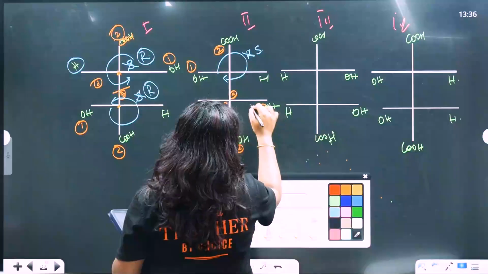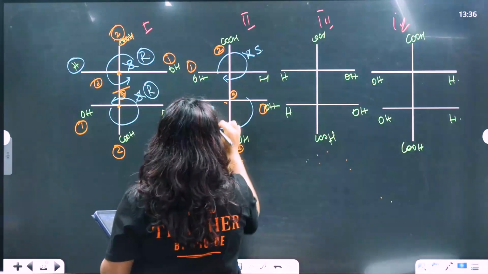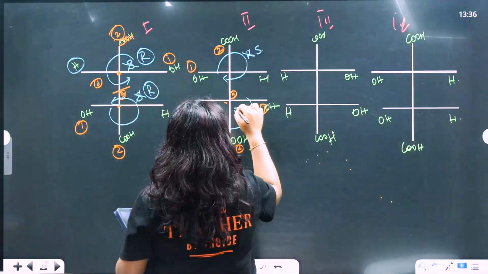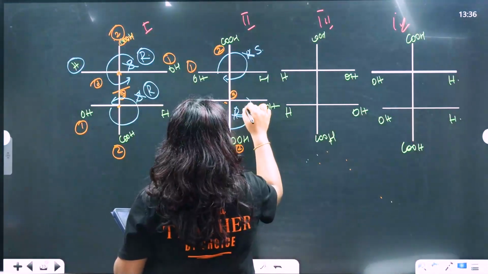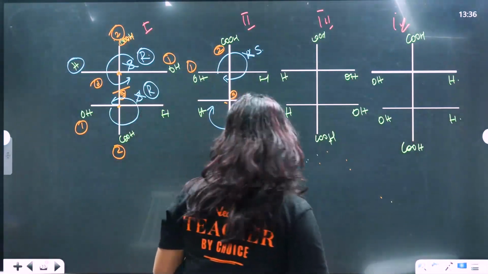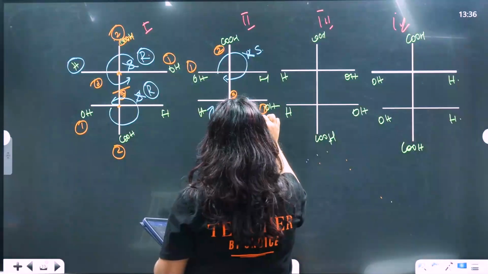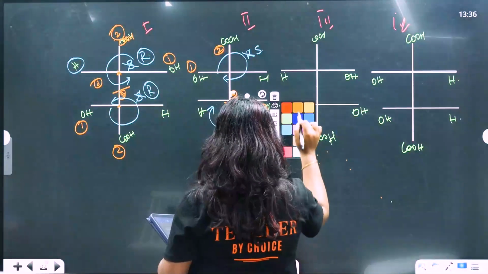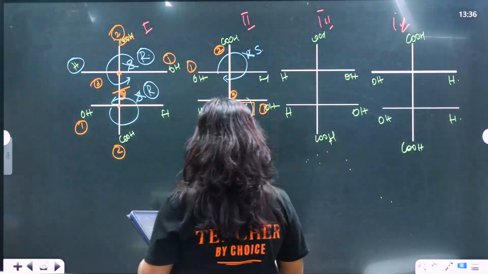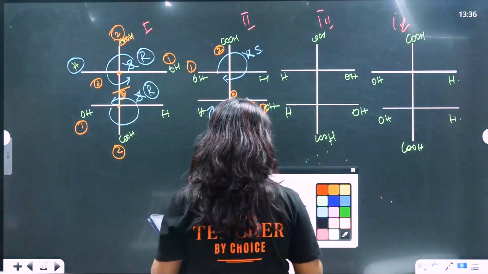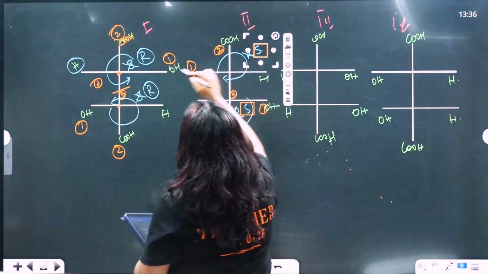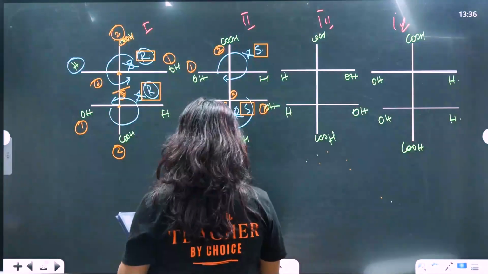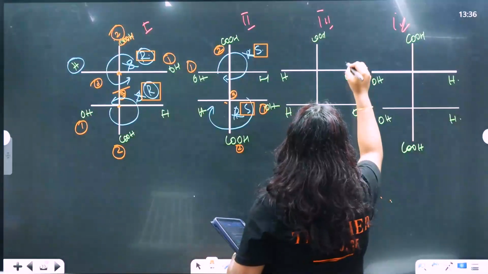Now, next one, 1, 2, 3 here. Correct? So it will be going like this. That is also an R configuration only, but since hydrogen is in the horizontal position, it is S. Okay? So this is S. This is also S. Here it is R. This is also R. Next one, same.